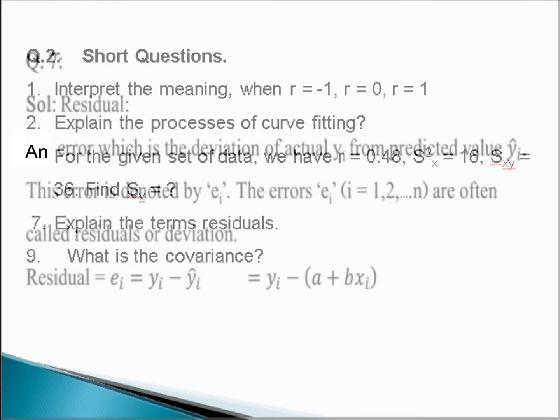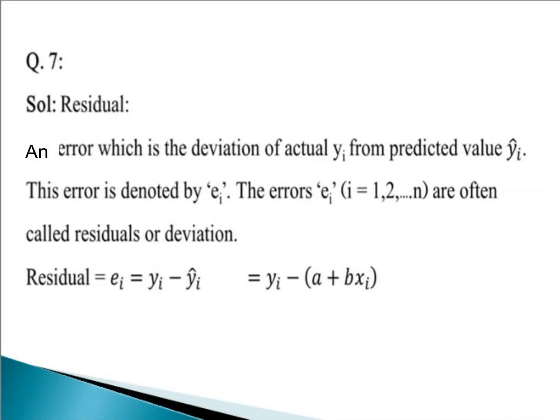Yes, now question number 7, that is explain the term residuals. Residuals are errors, and how we find out that? Look at an error, which is deviation of actual yi from predicted values yi hat. The error is denoted by small ei, where the error ei, where i varies from 1 to n, are often called residuals or deviations.